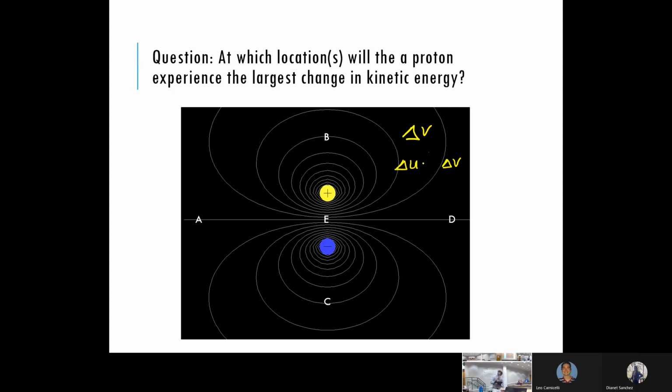So a different way is that you could just say the largest change in potential energy is proportional to the largest change in electric potential, where the lines are closest together. And the constant between the two is the charge of the system that you're putting there. Of course, if you have a large change in potential energy, you're going to get a large change in kinetic energy.